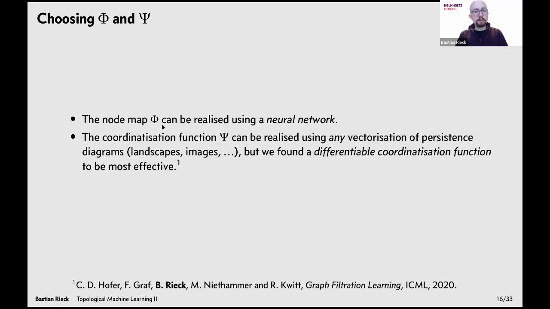But it can also be realized using any type of vectorization or other type of featurization function that involves persistence diagrams. So it could be realized with persistence landscapes, with persistence images, or with some of the other descriptors that I showed you in the previous course last week.